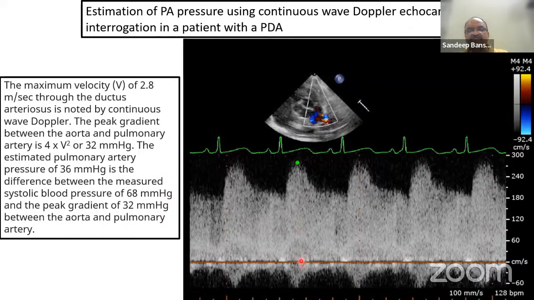Now, if this is the gradient across the PDA, you subtract this from the systemic pressure or the aortic systolic pressure, and that gives you the pulmonary artery pressure, which is 36 in this particular case, where the peak gradient across the patent ductus is 32 millimeters of mercury.